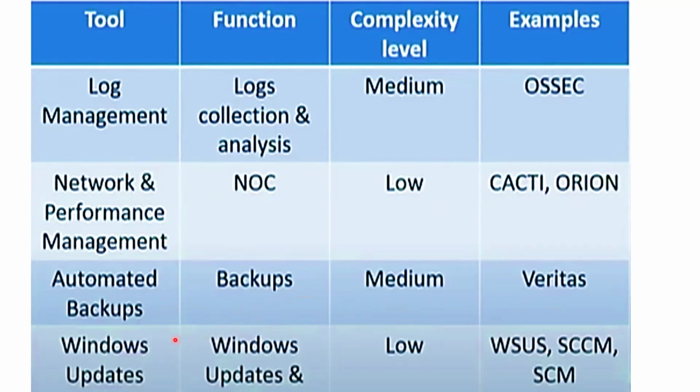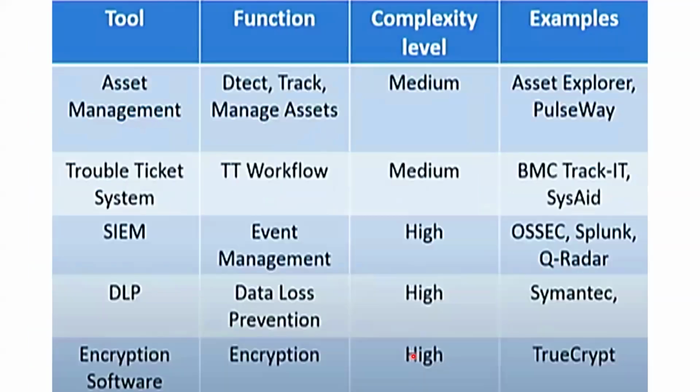Then we have Windows Update, and Windows is updated using this tool that will monitor the date and the patch level that needs to be updated. Then asset management: we use it to detect, track, and manage assets, and its complexity is medium.